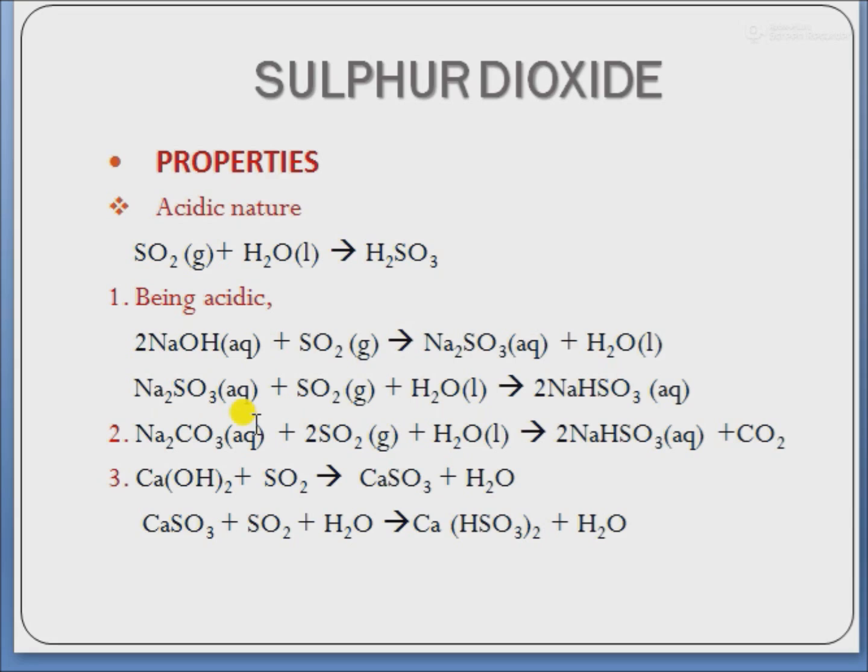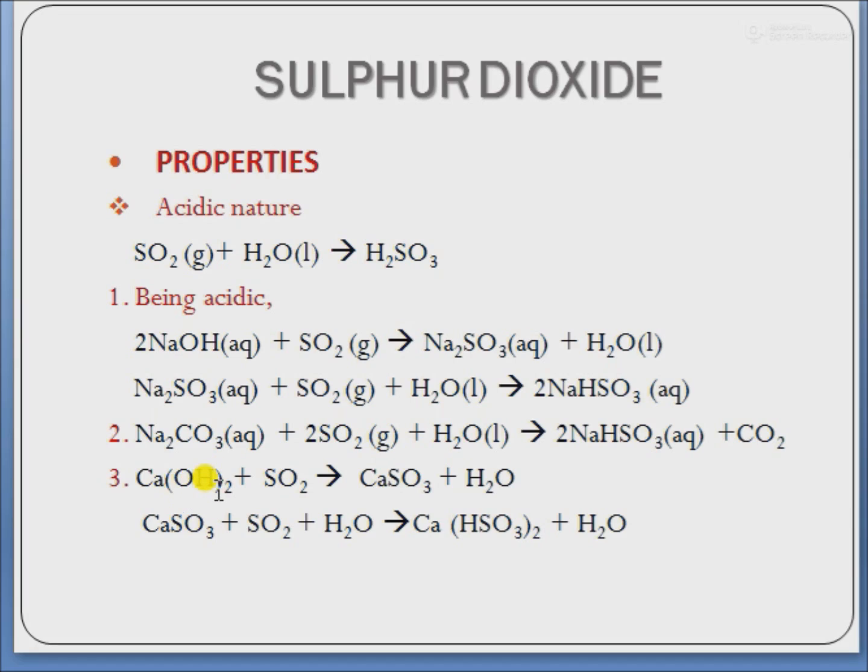Like CO2, it turns lime water milky due to the formation of insoluble calcium sulfite. If SO2 is passed for a long time, the milkiness disappears due to the formation of soluble calcium bisulfite.